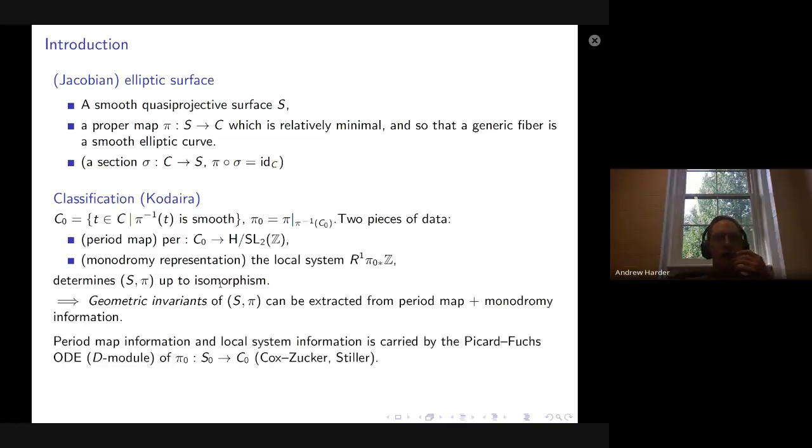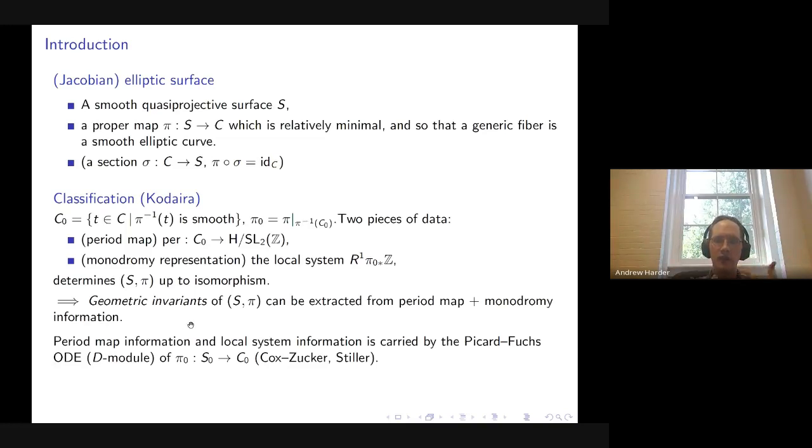Okay, so if I want to reduce this data to something else, I can see that both the period map and a large part, not all, of the local system information, because the Picard Fuchs equation doesn't know about the integral structure, but at least the complex local system underlying the local system R1 pi_* of Z, is understood by the Picard Fuchs equation.